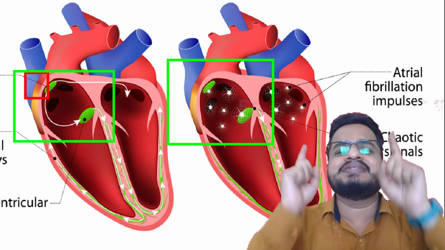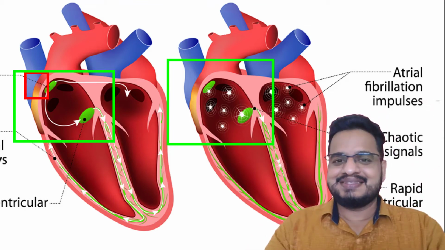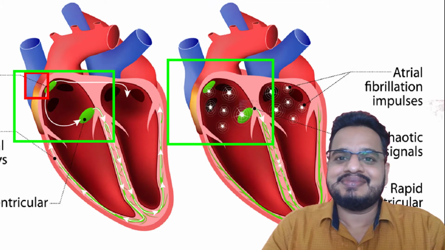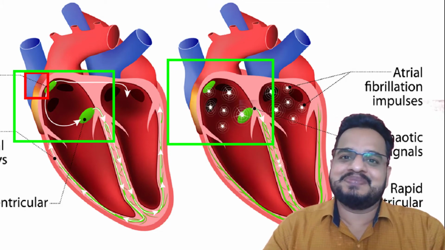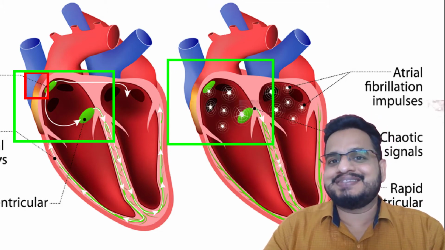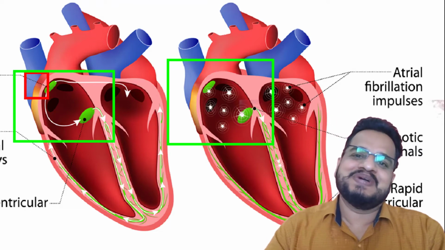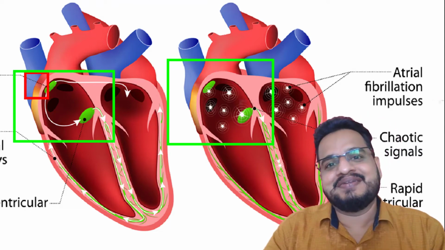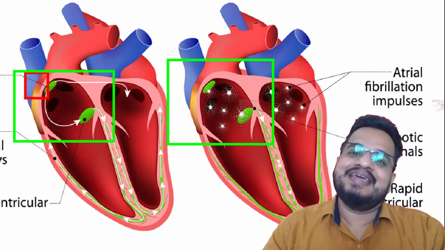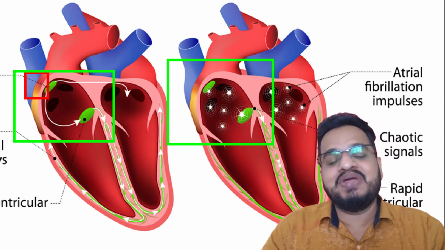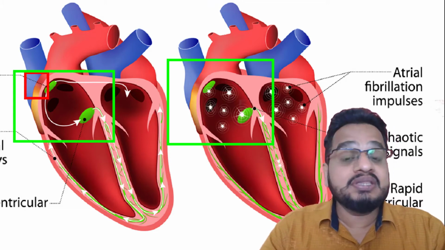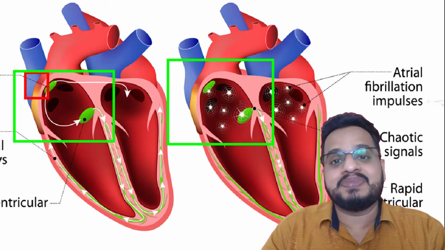So everything is in rhythm. See the beauty of nature. Everything is in the rhythm: the generation of the impulse, conduction of the impulse, the refractory period, and the time duration between any two events.